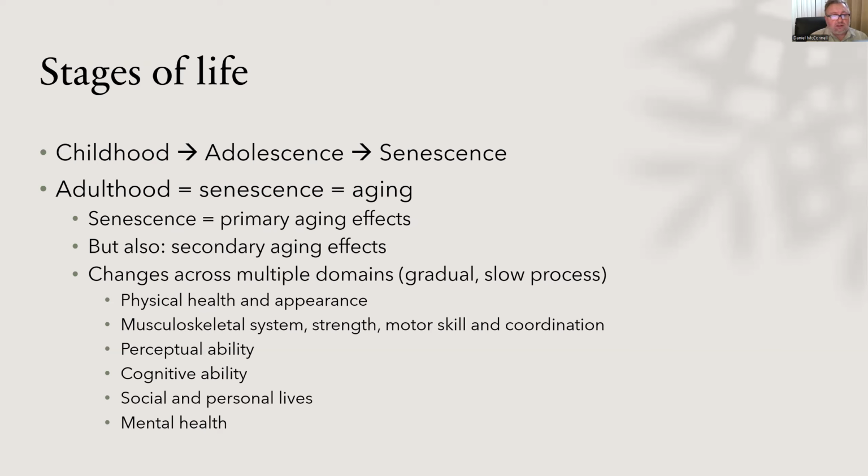Something I always mention in the developmental psych course is that aging begins as soon as adolescence ends. And that sounds kind of scary a little bit, but the critical issue here is that aging is a very slow, gradual kind of process. The changes are happening bit by bit, little by little.